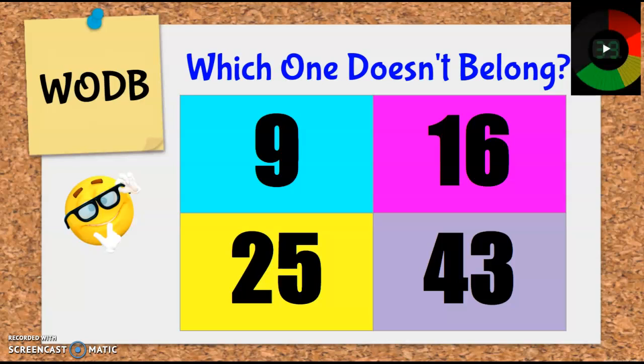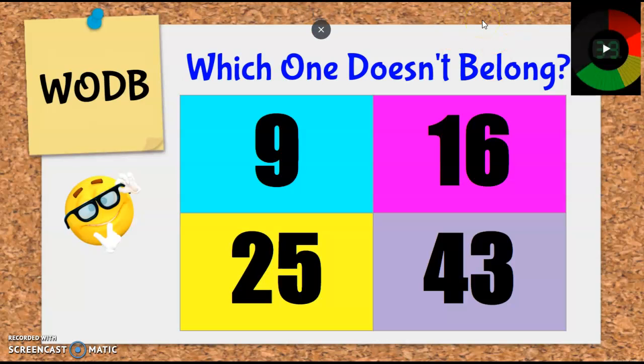You have 9 that is divisible by 3. In 16, the 6 is divisible by 3. And then you have the last digit in 43, which is 3, which is also divisible by 3. So that's why I have heard from students that the number 25 doesn't belong.